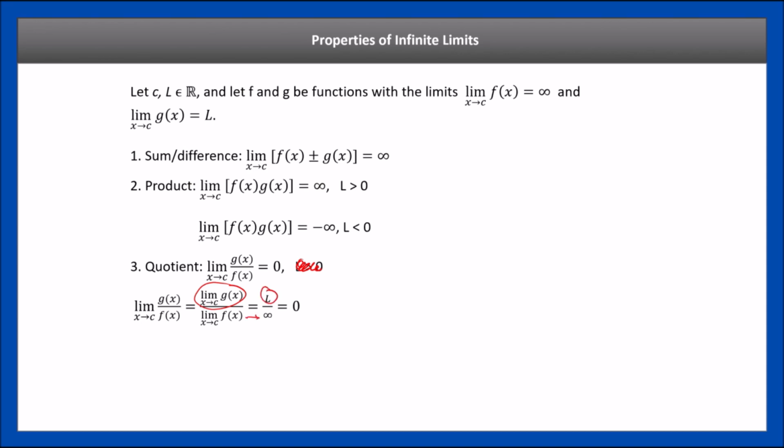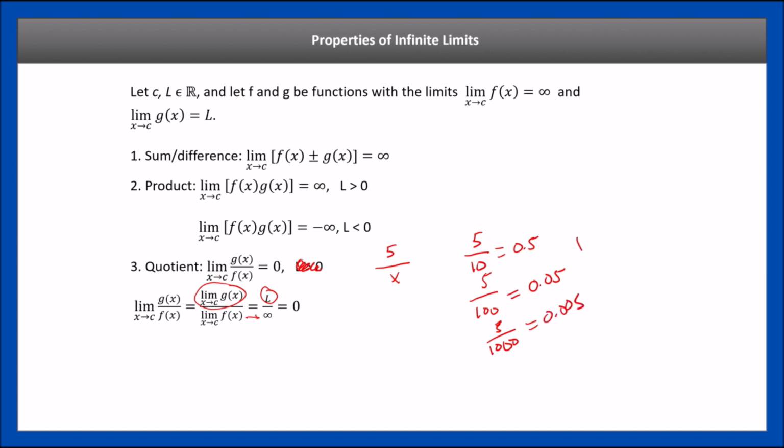A number divided by infinity is 0, because if I have, for example, 5 over x, and x is allowed to grow without bound, then 5 over 10 is 1/2, whereas 5 over 100, x now growing from 10 to 100, is 0.05. And if x grows further to 1,000, then we get 0.005.